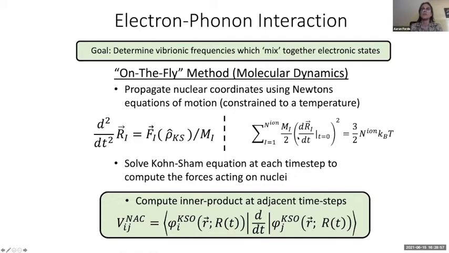And then to keep everything thermalized, you set the velocity equal to a thermostat to keep temperature, or so you can change temperature. And at each time step, you can compute these non-adiabatic couplings, which is shown on the very bottom of the screen. So B_ij is the overlap of different orbitals due to the change in time and the trajectory.